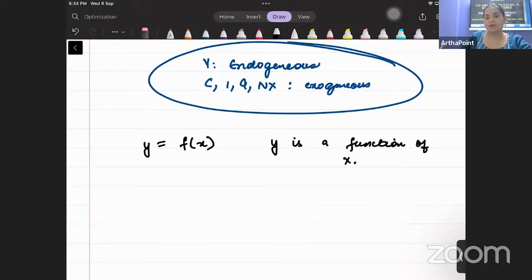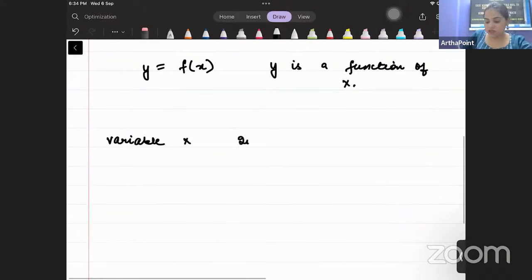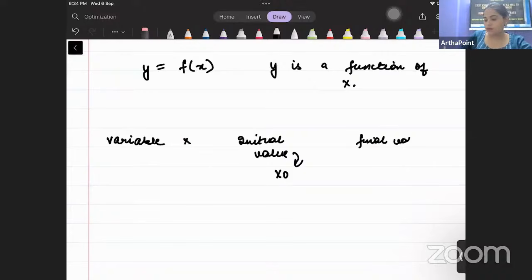Now, let us first of all figure out what is the concept of change. Change का मतलब क्या होता है? I want to figure out that. In order to figure out that, let's say that there is a variable x. Let's say that beta, its initial value is given to you as x naught, right? And its final value, beta, is given to you as x1.